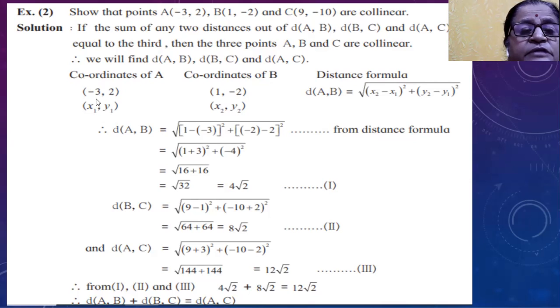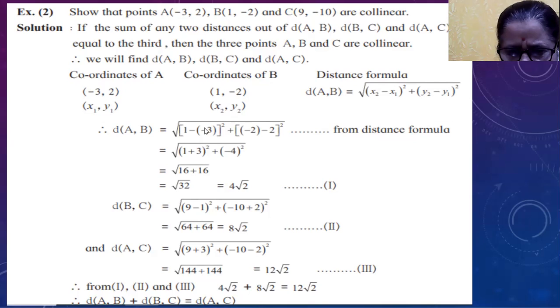The coordinates are x1 is minus 3 and y1 is 2, x2 is 1 and y2 is minus 2. We put the values: x2 which is 1 minus x1 which is minus 3, in bracket square, plus y2 which is minus 2 minus y1 which is 2, in bracket square.